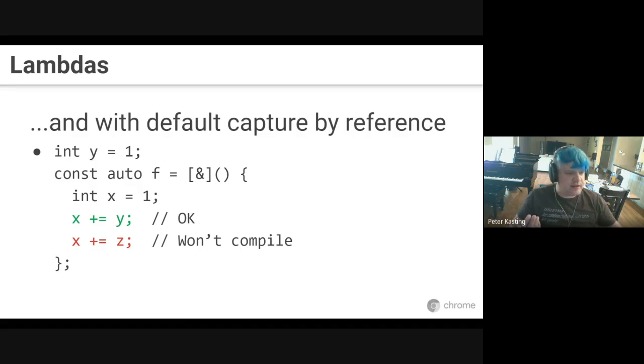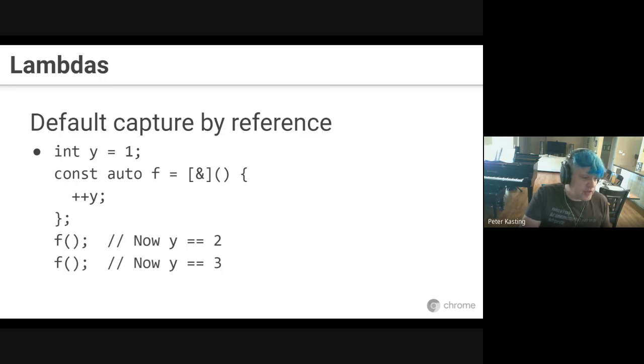And the net effect is pretty much the same as if you had just written a little squiggly brace and had an actual inner scope inlined right there. So the x that you declare is going to be scoped locally to the Lambda. The y is going to be a reference to the y that's in the containing scope. And once again, the z is going to cause the compiler confusion because it has no idea what you mean.